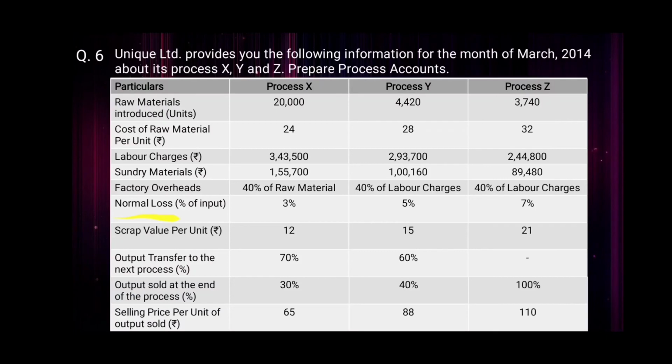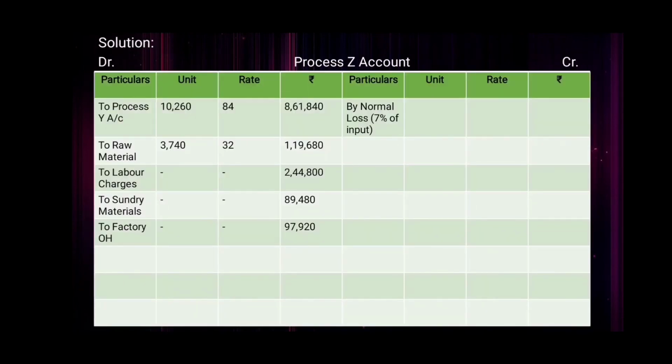Now, normal loss, which is percentage of input, is given as 7% in process Z, and the scrap value per unit is given as 21 in process Z. So we'll record it by normal loss 7% of input, which will be 980 at the rate of rupees 21. So the total amount will be 20,580.